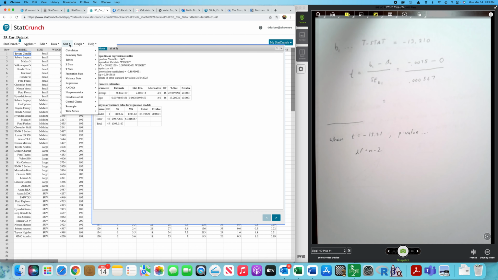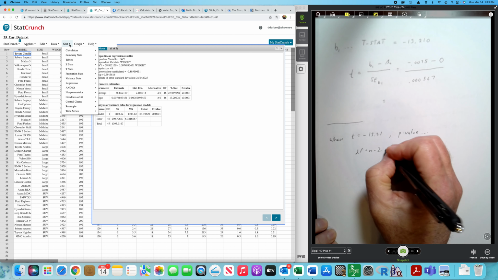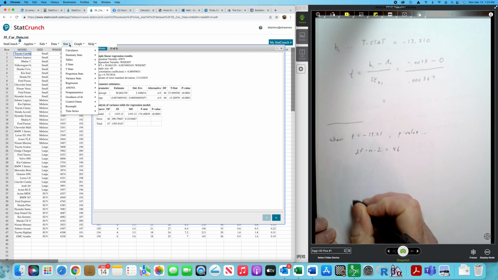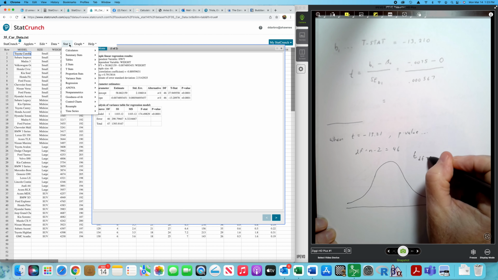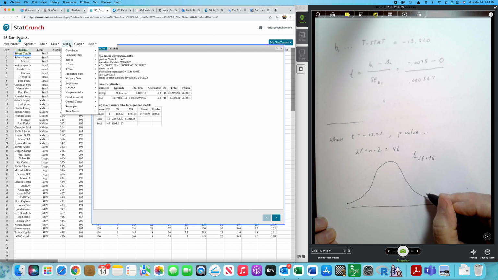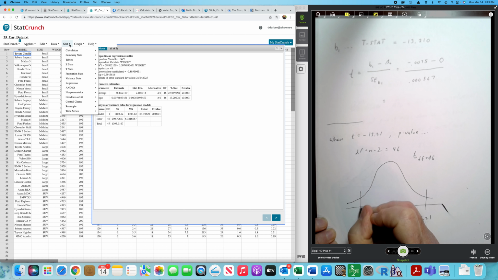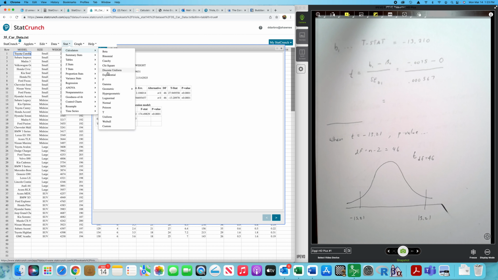So I'm calculating this p-value in the t-distribution. Degrees of freedom equal 46, and I need the area to the right of 13.21 and to the left of negative 13.21 because I'm conducting a two-tailed test.